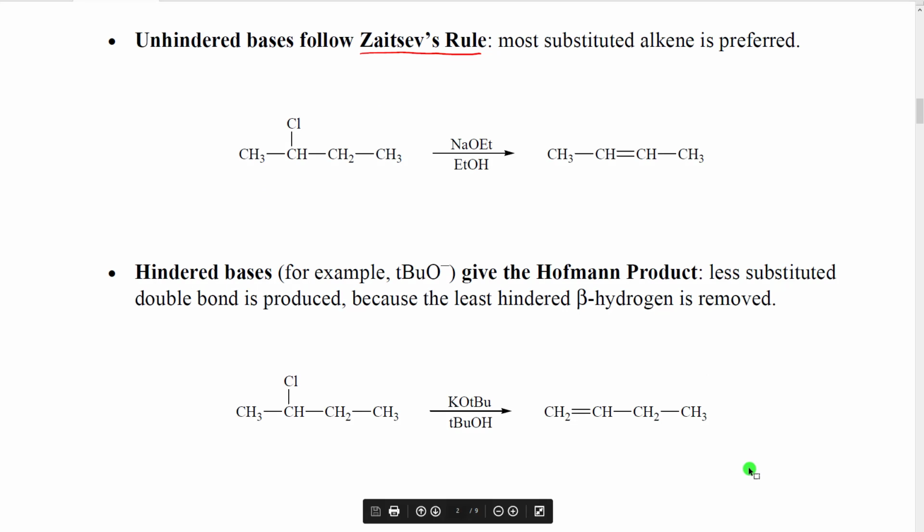When these reactions, E2 elimination reactions, were first studied, it was discovered experimentally that there was a pattern. And this pattern was discovered by a scientist named Zaitsev, who was a Russian scientist in roughly the 1860s in a university in central Russia.